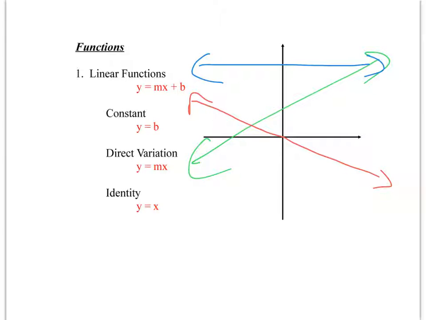It's called the identity function, which is y equals x. That's a direct variation function. It passes through the origin, but its slope is also 1. Y equals x. All of these functions that you see right here are all examples of linear functions. Constant functions, direct variation functions, and the identity function are all special cases of linear functions.